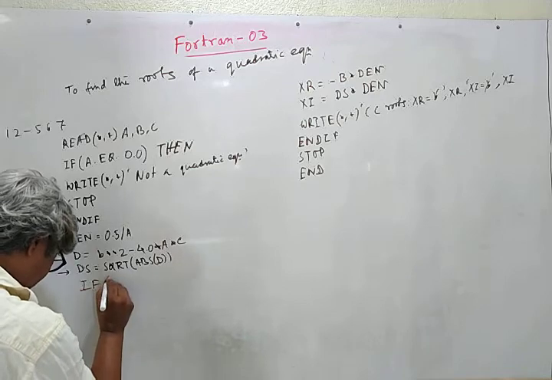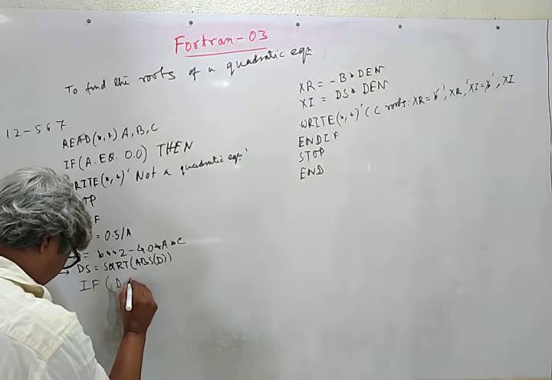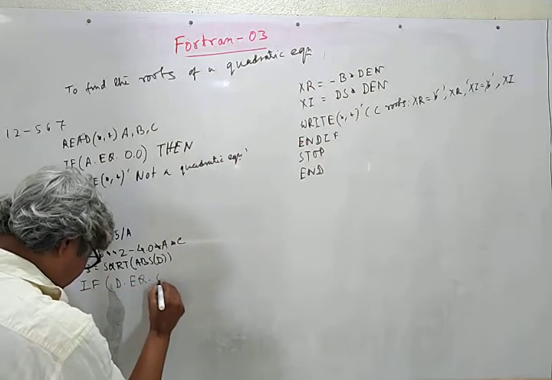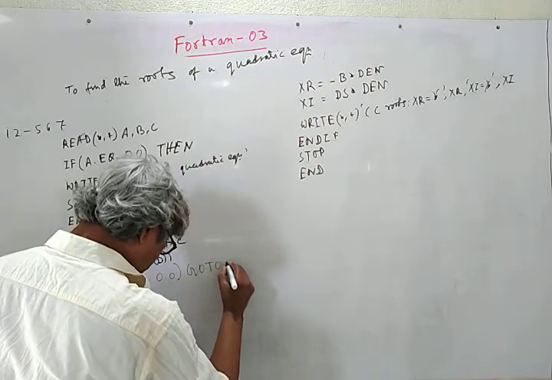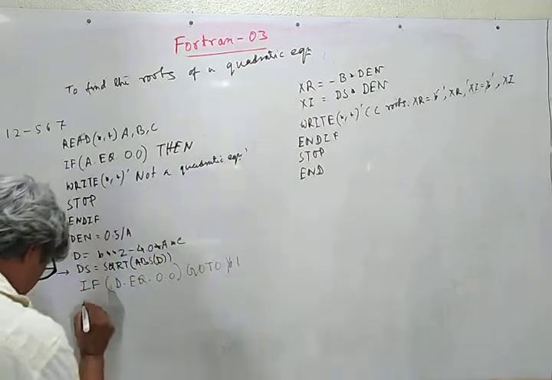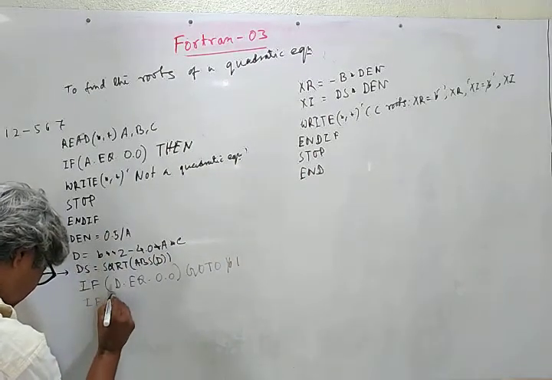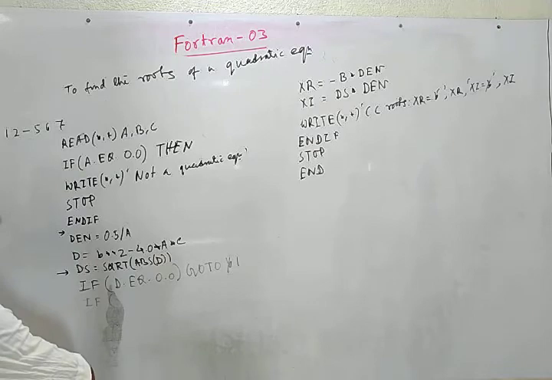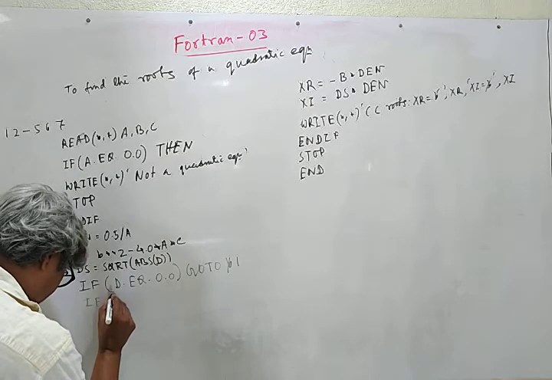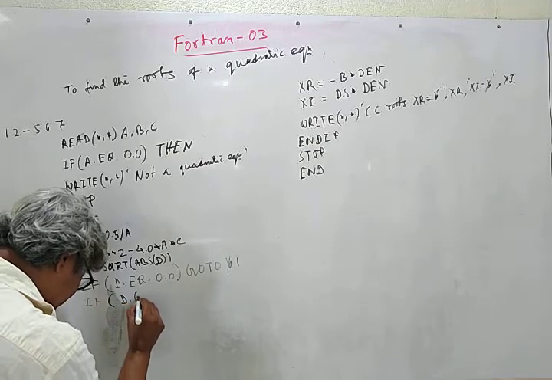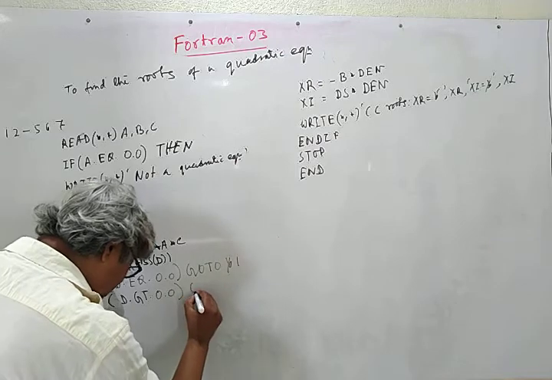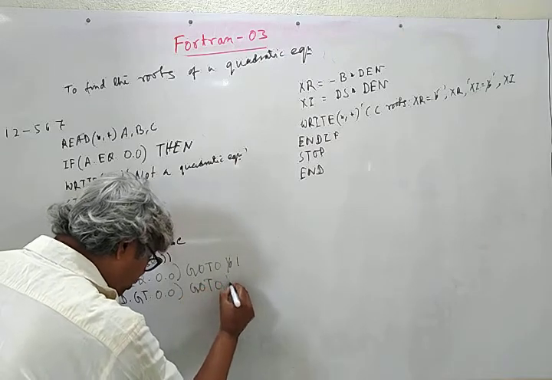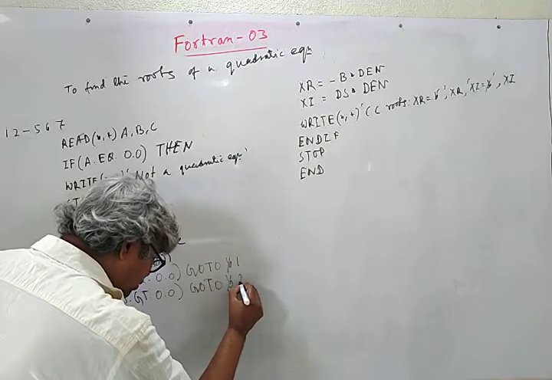If d is equal to 0.0, go to say 1. If d is greater than 0, go to 2.